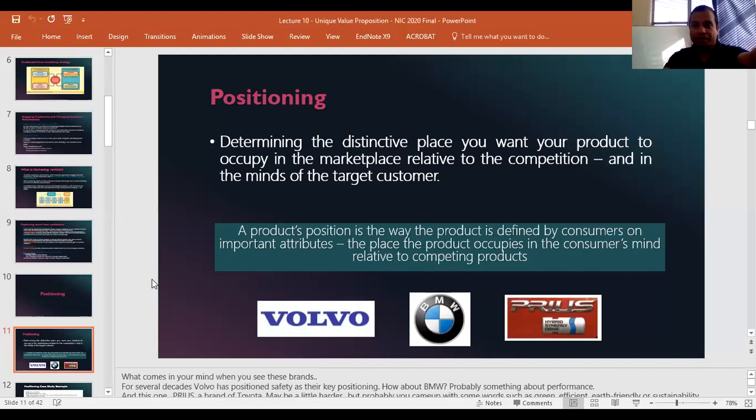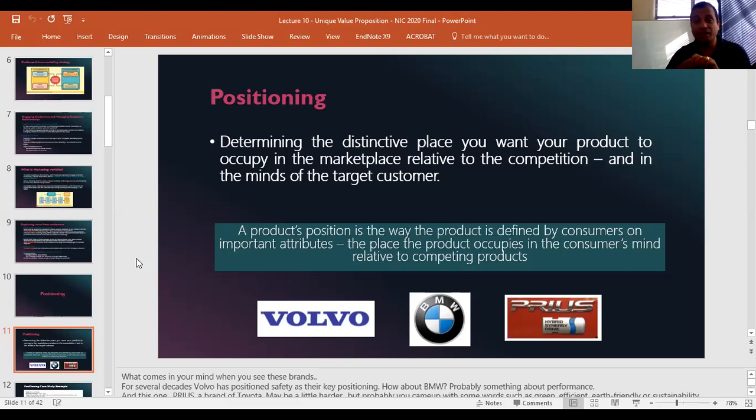If we have the case of Volvo, or BMW, or Prius, a subsidiary of Toyota, what comes to your mind if we talk about Volvo? For several decades, the company Volvo has claimed that their products are very, very safe. So they position themselves as a car which is very safe. Safety has been their positioning for decades.